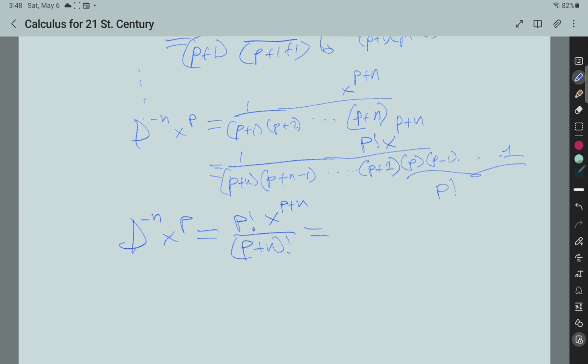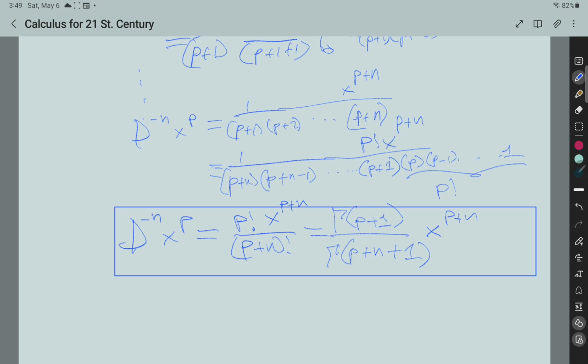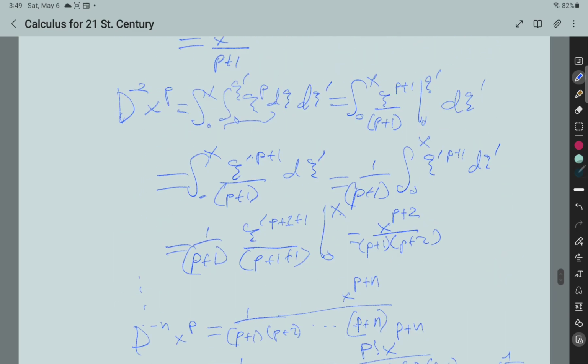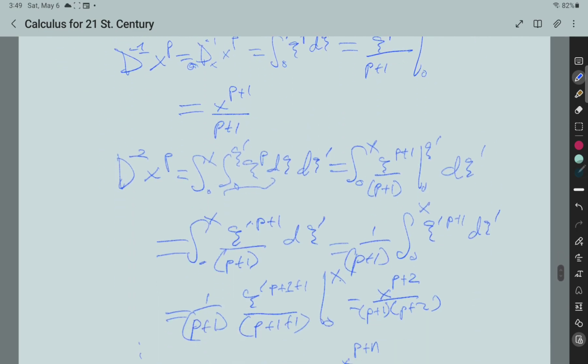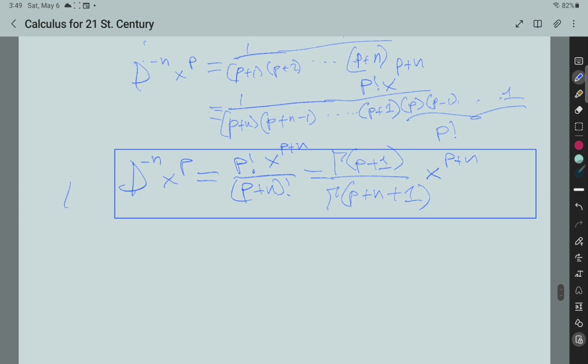So this right here is gamma of p plus 1 divided by gamma of p plus n plus 1 times x to the p plus n. So I'm ready to box this. So this equation here, let's call that Equation 16.